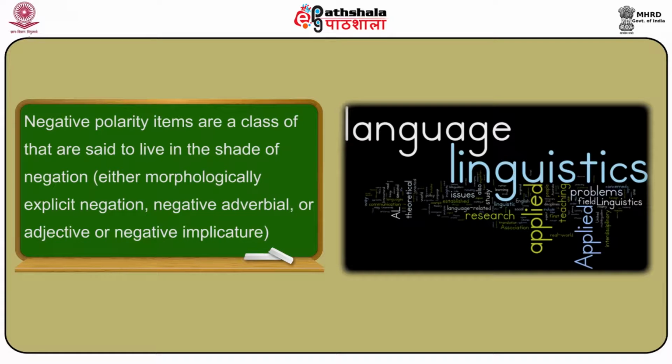So there's a vast class of these expressions that are often called negative polarity items, and the reasons for why they have this particular distribution is a puzzle that has long attracted the attention of linguists, in particular researchers in both linguistic semantics as well as natural language syntax.